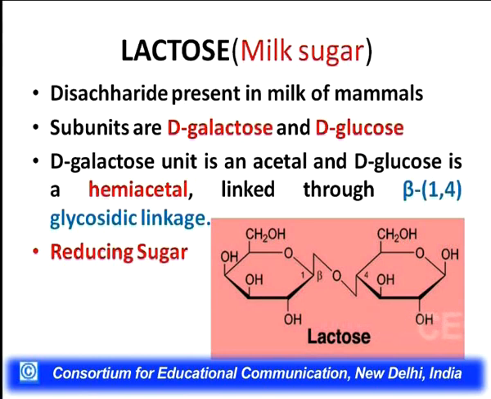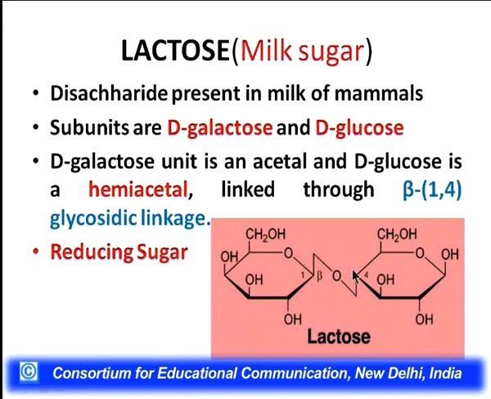I can say that the subunits are beta D-galactose and alpha D-glucose. In this case, the galactose unit is the one which is involved in acetal formation, that is, we get a glycosidic linkage here, and the glucose part is acting like a simple alcohol, and it exists as a hemiacetal.